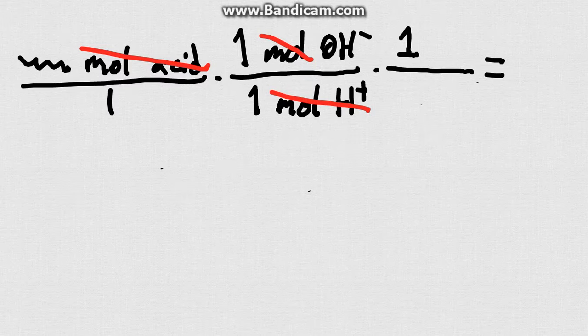Sorry about that. Okay, so we need to change this back because it's not going to cancel out anymore. So this is still moles of base, and now we need to know how much did we add. Well, let's say we added 22 milliliters.